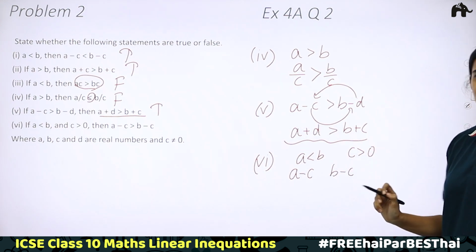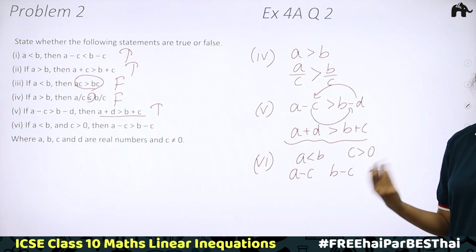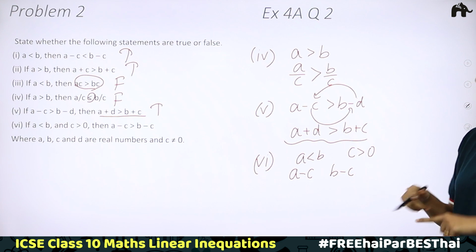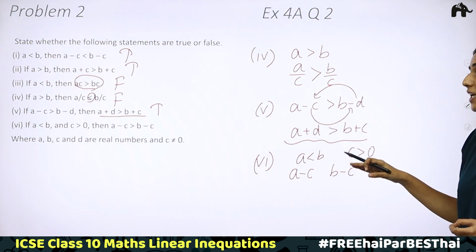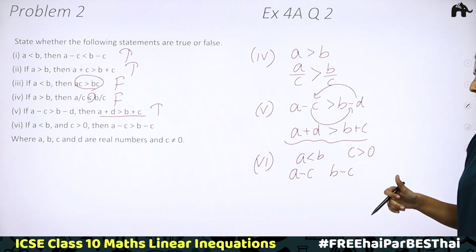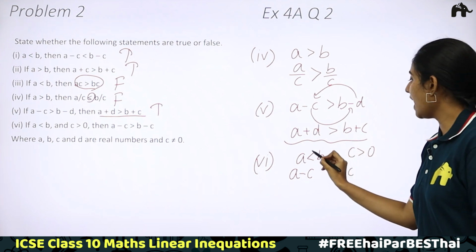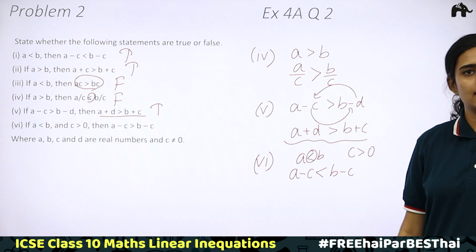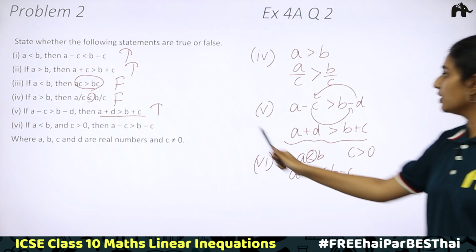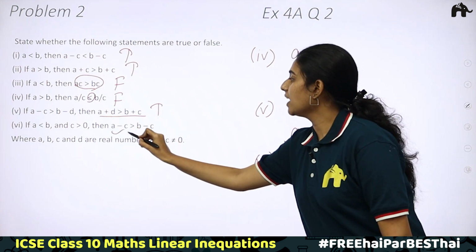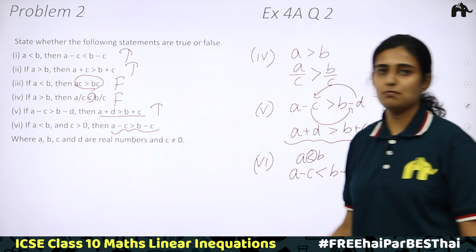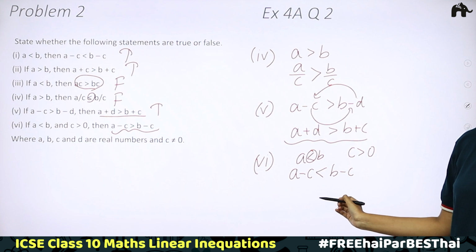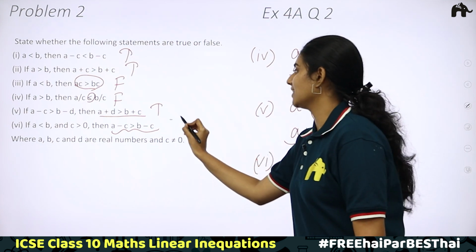What do you think here? Subtracting C means we are using the second rule. Subtracting the same number on both sides will not bring any change in the inequality. Here we have less than, so this also should be less than. But in the question it is given A minus C greater than B minus C. True or false? False. Correct. False.